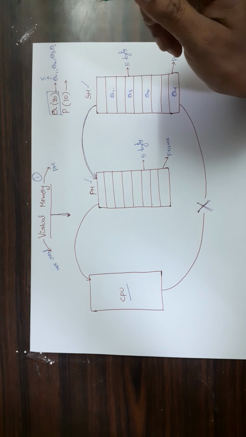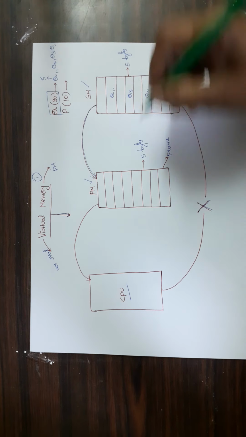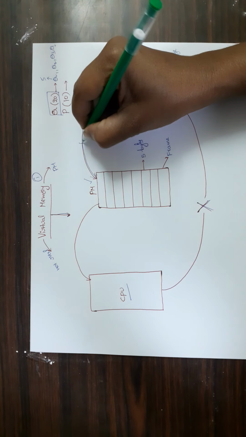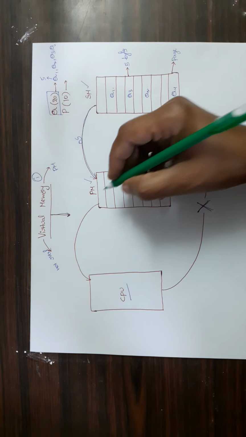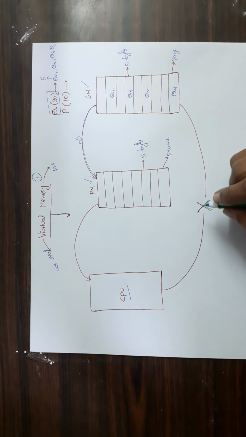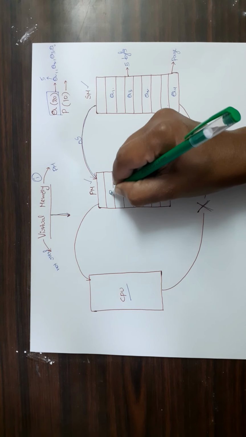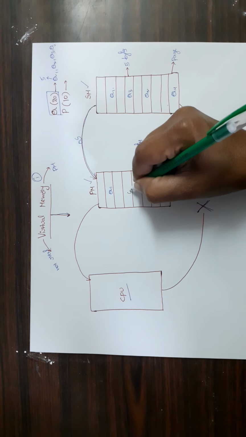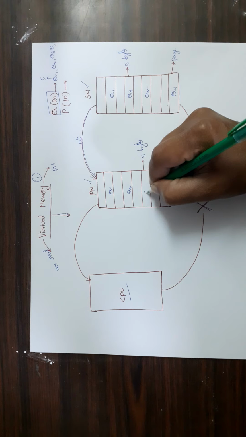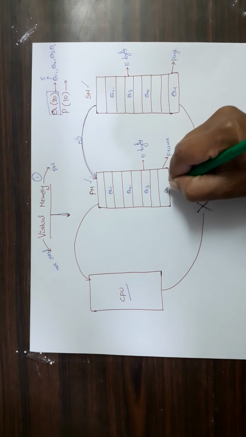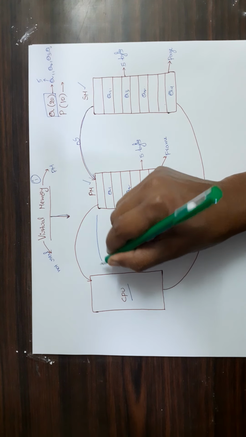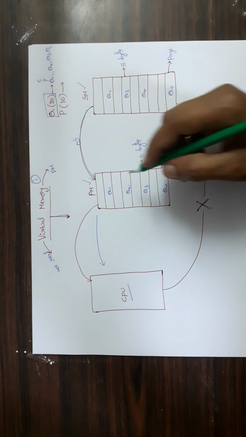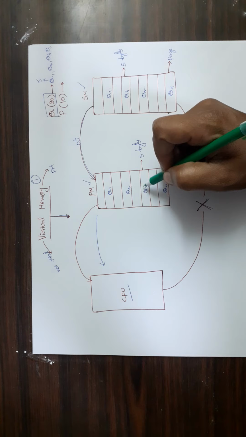Moving the process from secondary memory to the primary memory is the responsibility of the operating system. Now process Q data will be brought from secondary memory to the primary memory. Let us assume that Q1 is stored here, Q2 is stored here, Q3 is stored here, and Q4 is stored here. Now the CPU can access the data from the primary memory and can execute process Q.